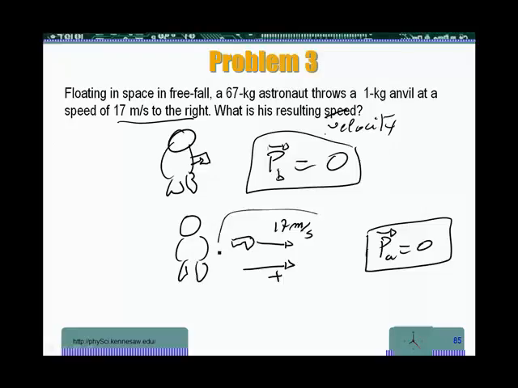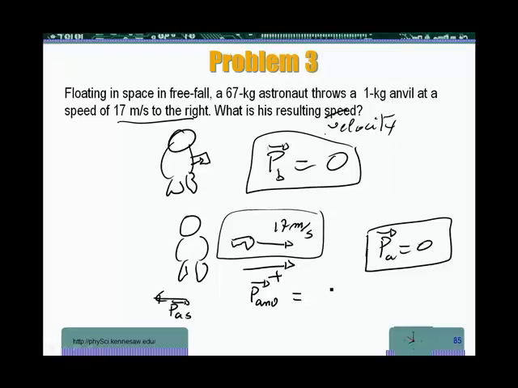The anvil has a momentum towards the right. So the astronaut should have an equal momentum in the opposite direction. So what's the momentum of the anvil?